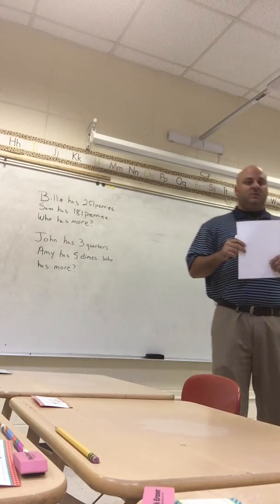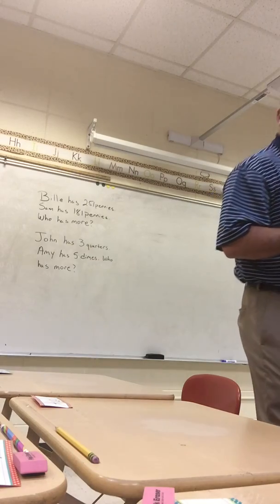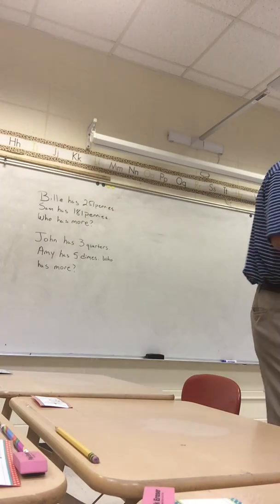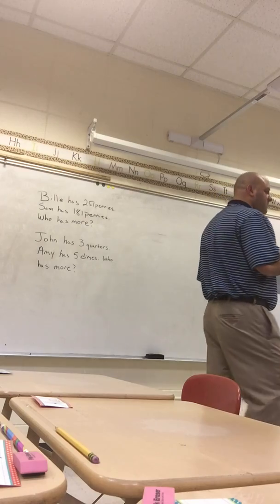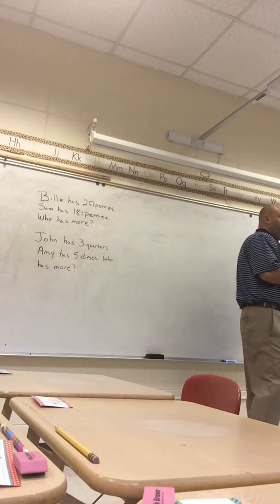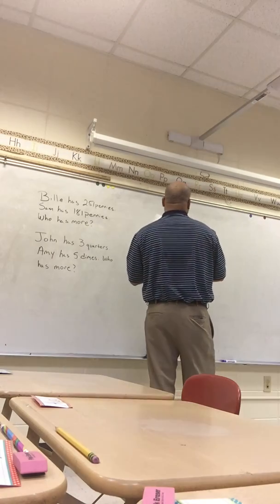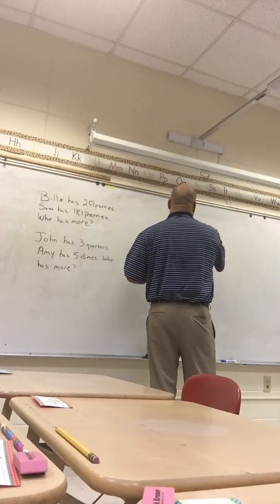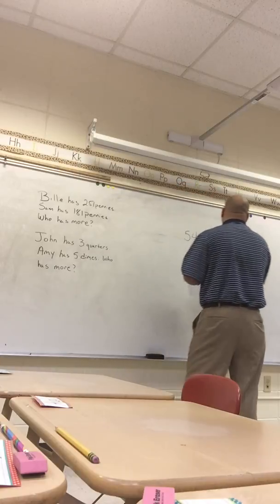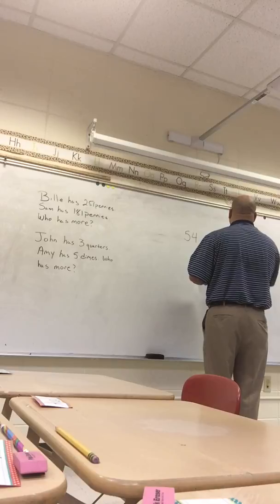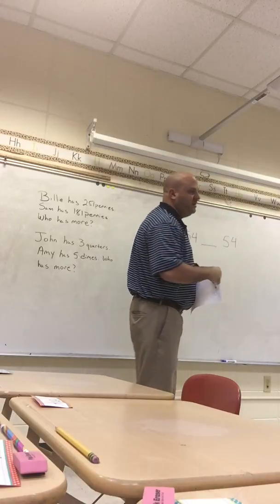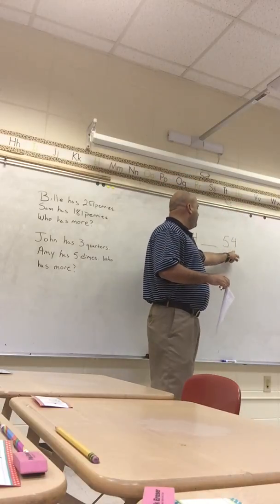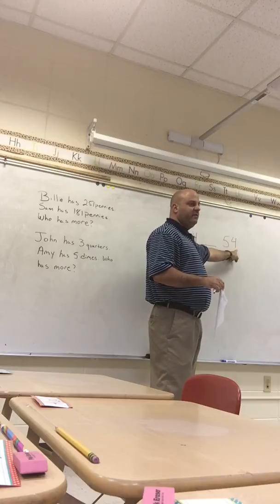Yes, ma'am. I have a question. Can numbers be equal if they're not the same? No, they can't be equal. They have to be the same in each place value. So let's go with 54. All the numbers have to be the exact same in the place value. What's in the ones? 4, correct.